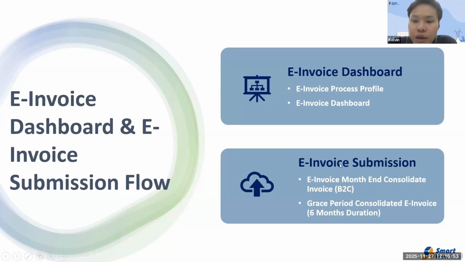And for e-invoice submission we have different types. We have e-invoice month-end consolidate, which means you can submit the e-invoice on a monthly basis, and we have grace period consolidate invoice. So what is grace period? Grace period means that LHDN allows 6 months for us to adapt to the new e-invoice era, new function.